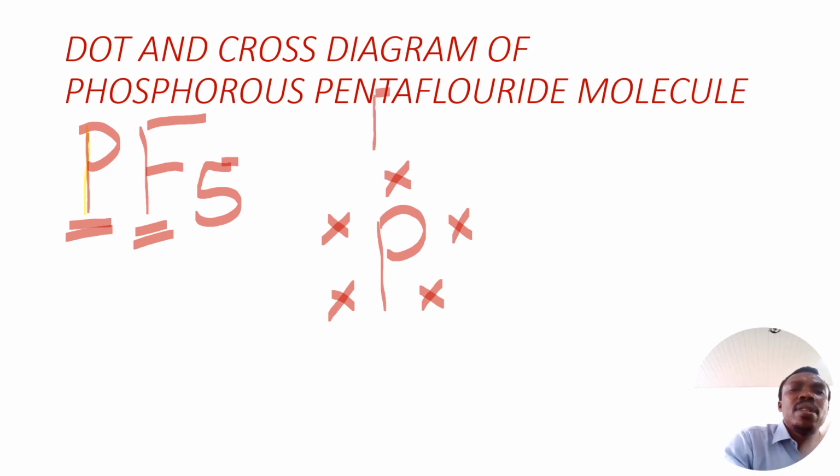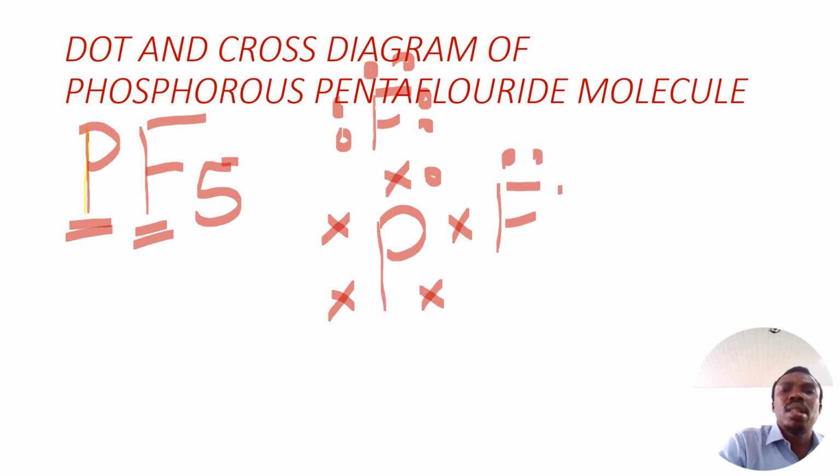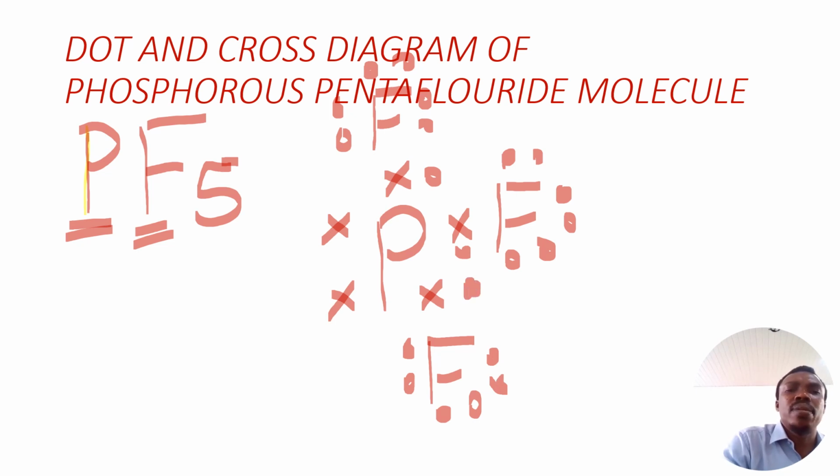So we'll have 1, 2, 3, 4, 5, 6, 7. So fluorine has completed octet.